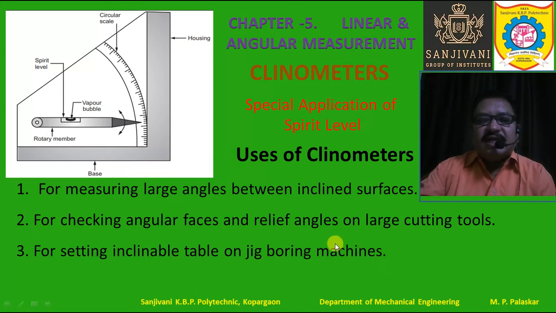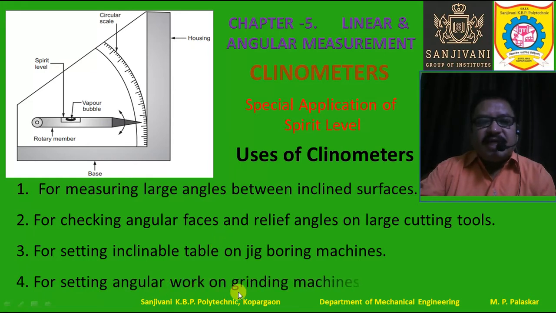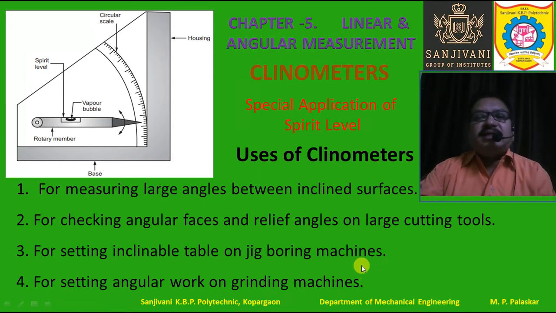So the setting of the inclinable table on the jig boring machine can be done with the help of the clinometers. For setting angular work on grinding machines, clinometers are also used.